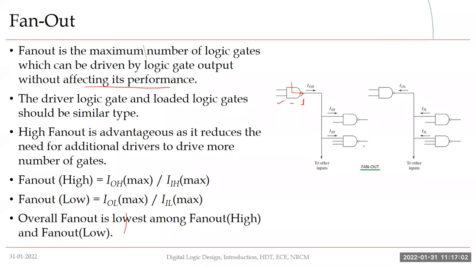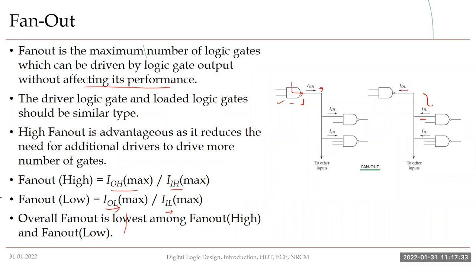Here the fan out is calculated from the high level logic, IOH and IIH, the maximum output current and maximum input current it can take. For low level logic, IOL and IIL.